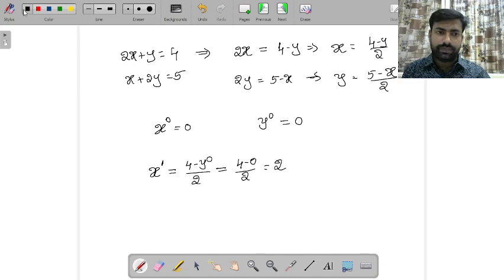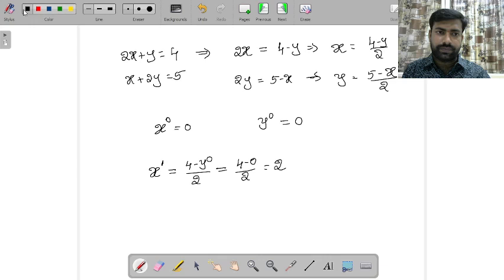Now to calculate y1, we need to make use of x, right? There are two choices for you. One, x naught. Another one, here you have a new updated value. So instead of using the old value, we will use the updated value here. So now y1 will be (5 minus x1) by 2.